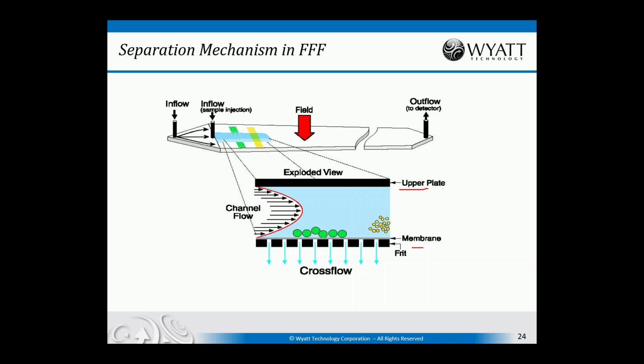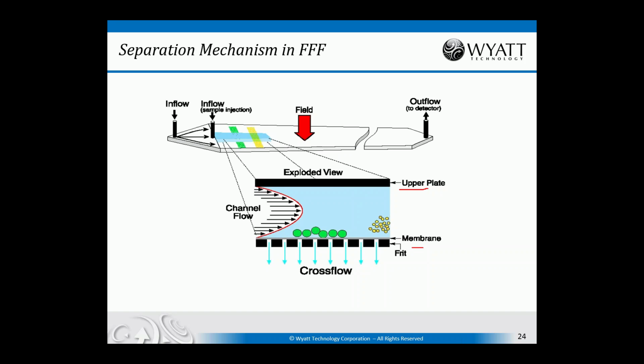But we constrict the output, and that forces some of the solvent to flow through the semi-permeable membrane. Now the analyte is too large to go through the membrane, so the cross flow, which goes through the membrane, pushes the analyte against the membrane.